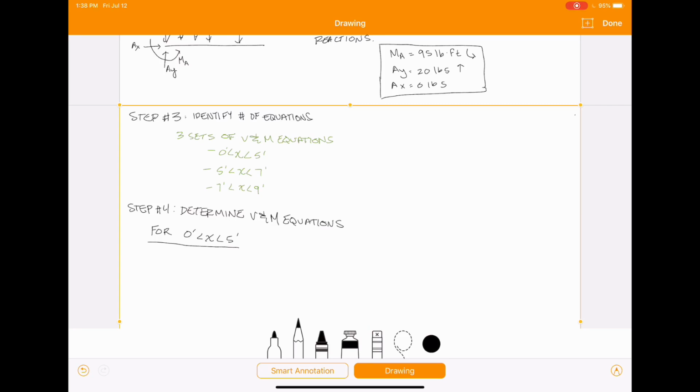So again, we're going to have our beam. We're going to cut it at a distance x. And we're going to draw a free body diagram of this cut portion. So we've drawn our cut portion. Now we need to apply our loads.